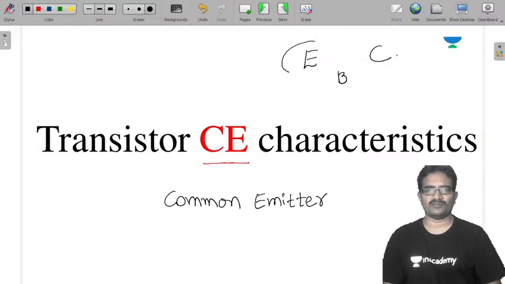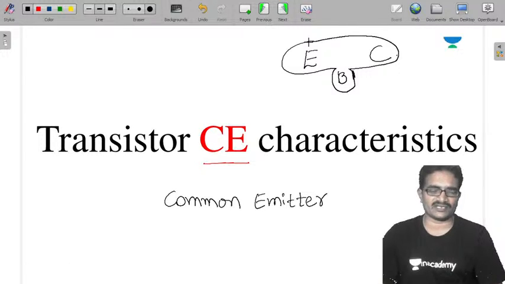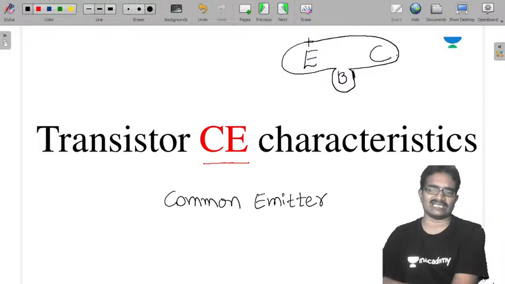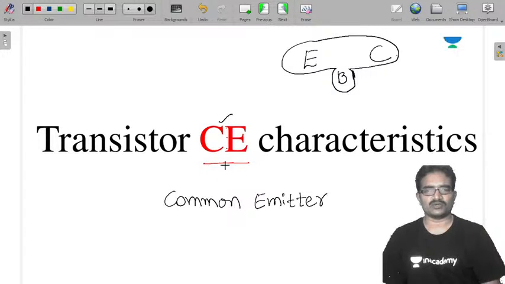Just before going to this topic, we will rewind for 5 minutes the current components of the transistor that we completed, because that knowledge is required to understand CE characteristics effectively. After current components, we will discuss base width modulation. Those two topics are required to understand CE characteristics effectively, because CE characteristics are very important to bias your transistor properly.